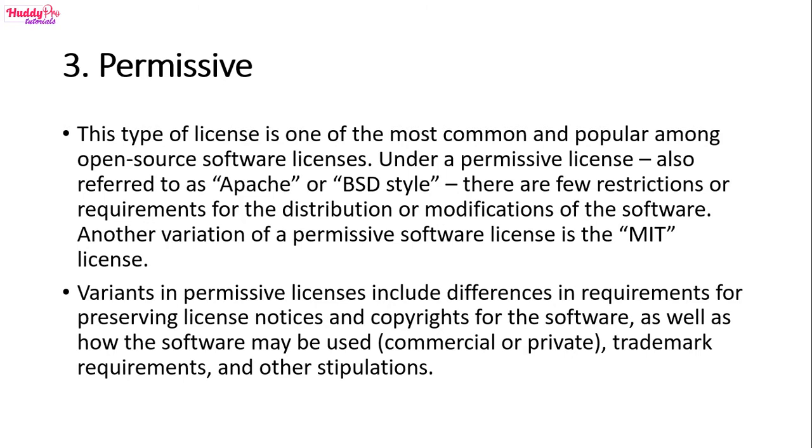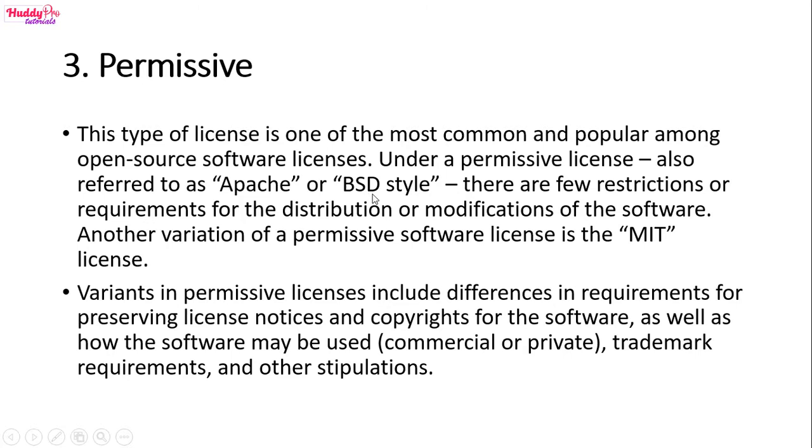Or they have few requirements that enable you to distribute or modify the software. These licenses, the permissive, are also commonly known as the Apache or the BSD style licenses.